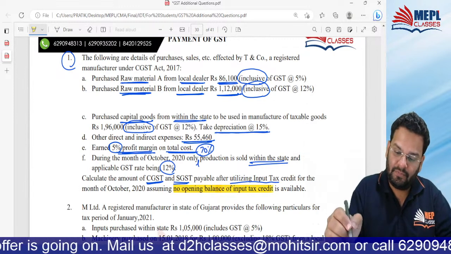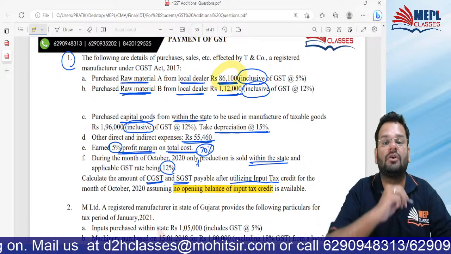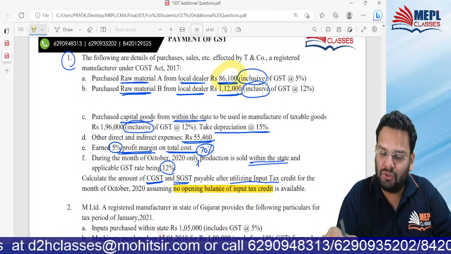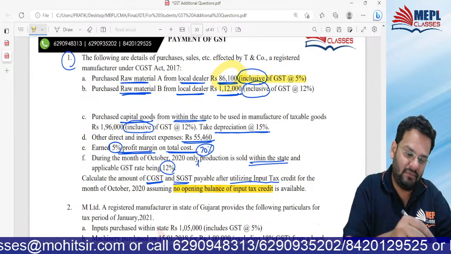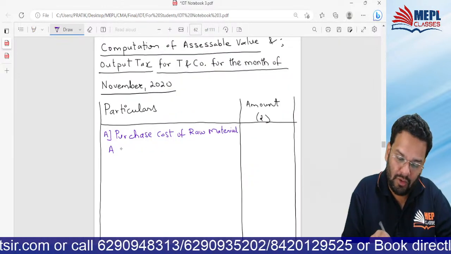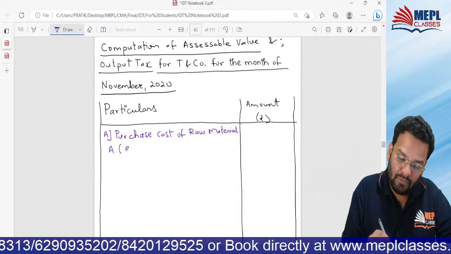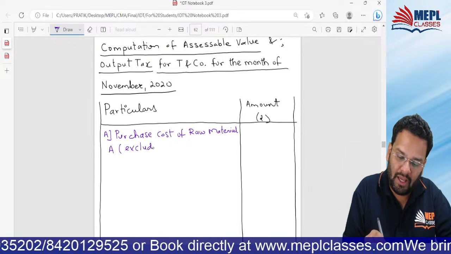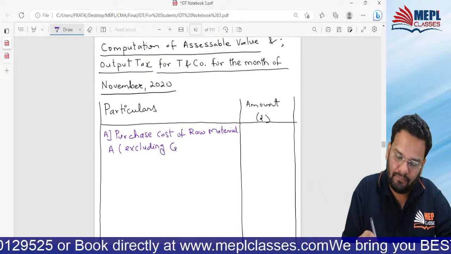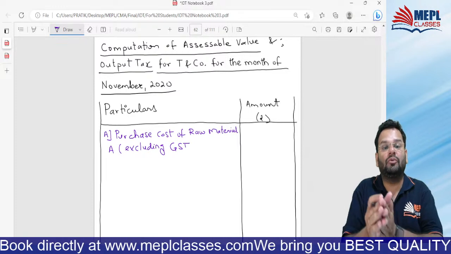See, 86,100 is the purchase cost, but it is including GST of 5%. Now what you have to do? This cost, my dear friends, you all want it to be excluding GST. Why?